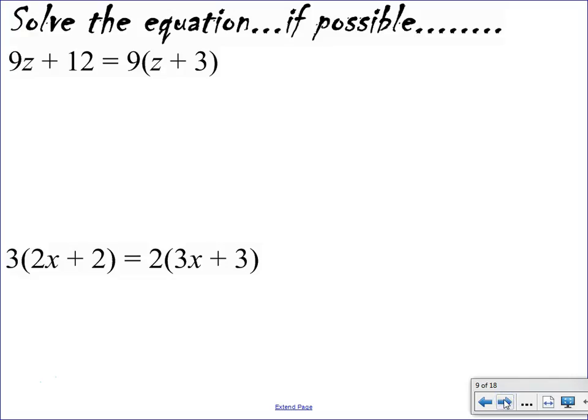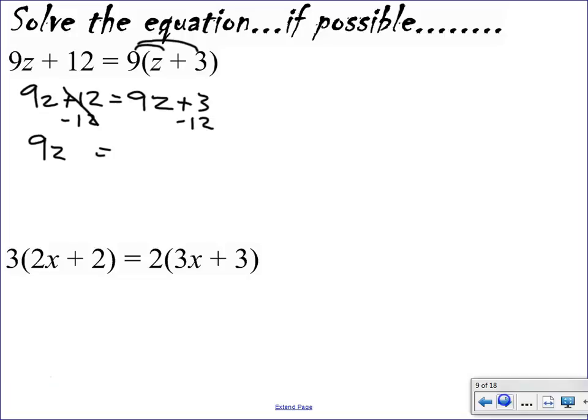And a few more examples. Notice, try to combine like terms. I can't, so I distribute. Get my constant terms alone. Add or subtract x terms alone. Actually, it's the z terms. Now get the z terms alone on one side.